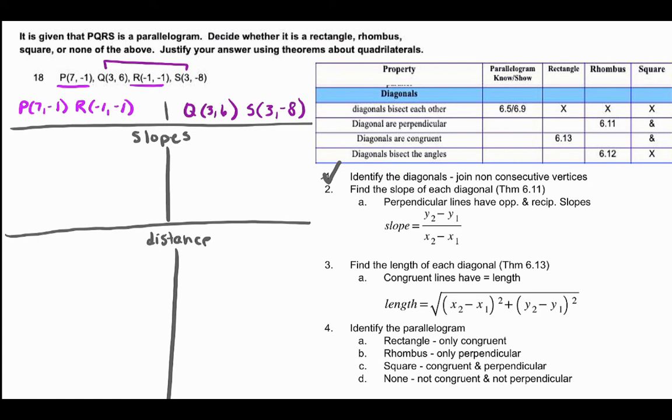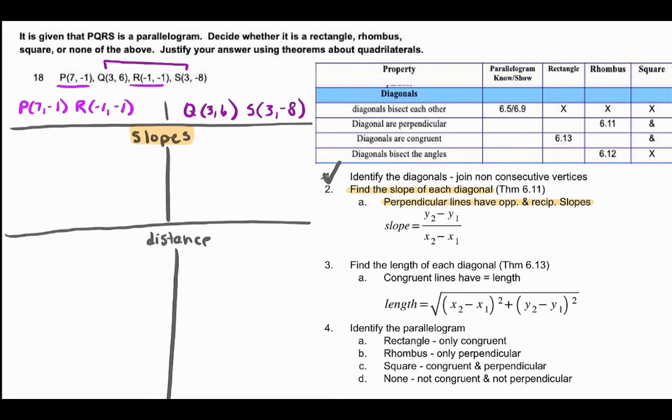So keep in mind that we are finding the slope of each diagonal because perpendicular lines have opposite reciprocal slopes.